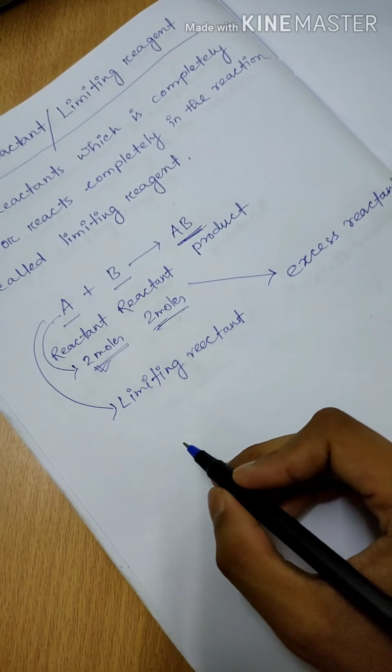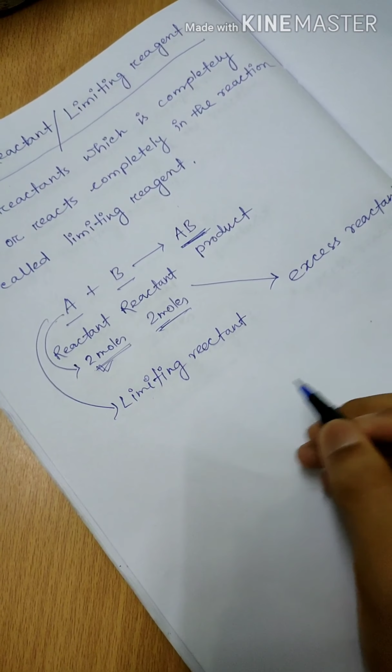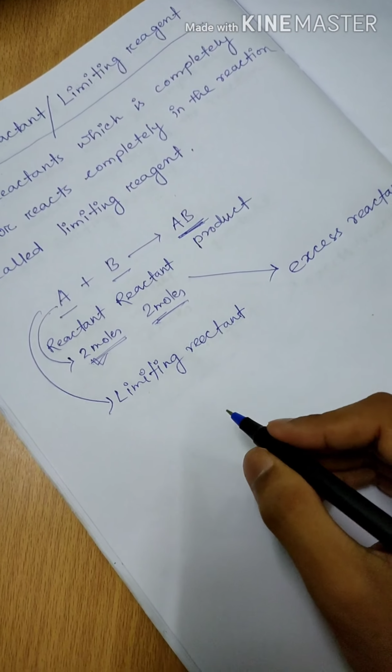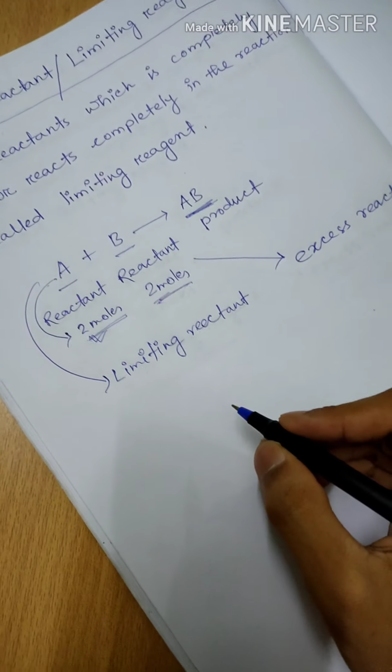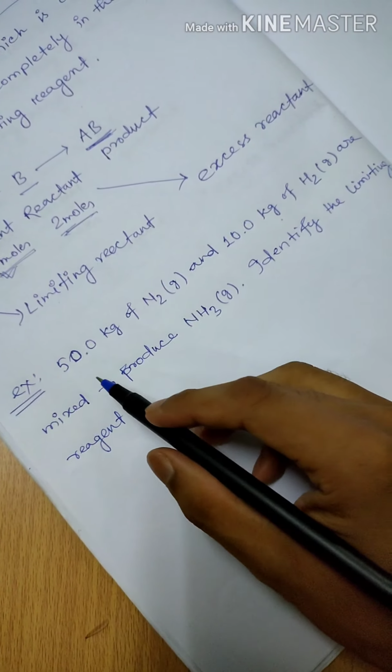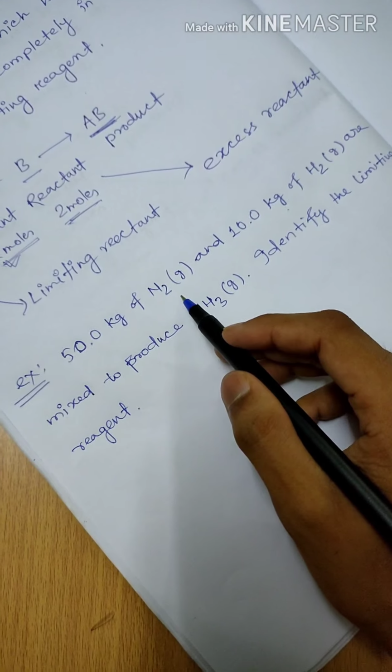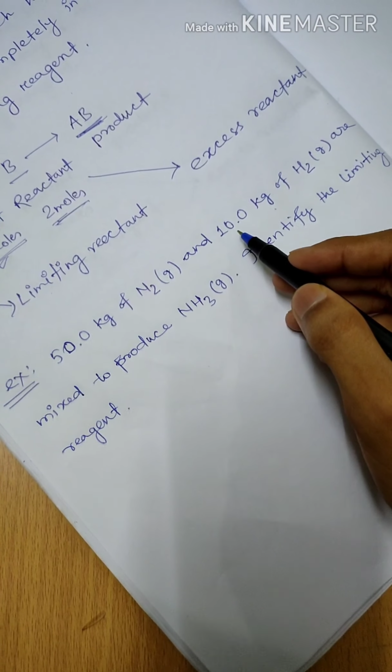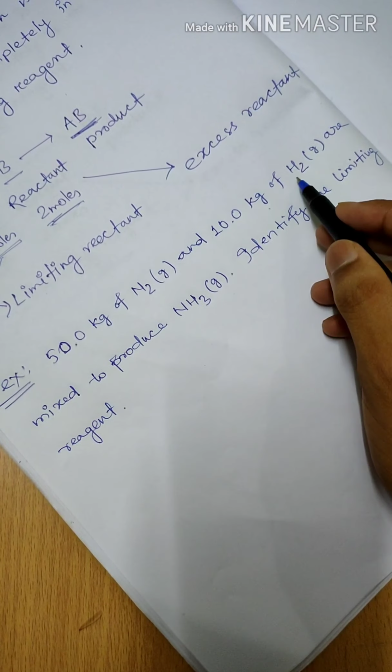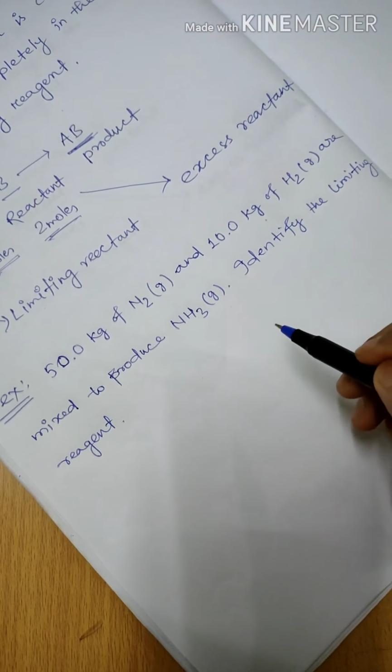Now let us take one example so that you will easily understand. Now see, 50.0 kg of N2 and 10.0 kg of H2, means hydrogen, are mixed to produce NH3, ammonia, in gaseous phase. These are in gaseous phase.